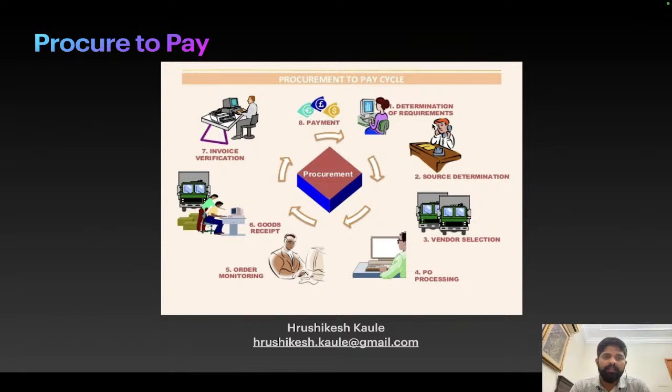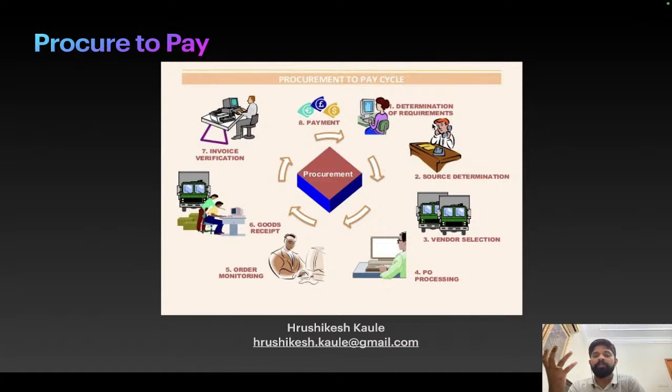So basically, what is SAP MM, and the major part of it is the procure-to-pay cycle, about which I'll give some basics. In this procure-to-pay cycle, the starting point is the requisition, or the requirement, generated by any department in the company, if someone wants something which is a need.